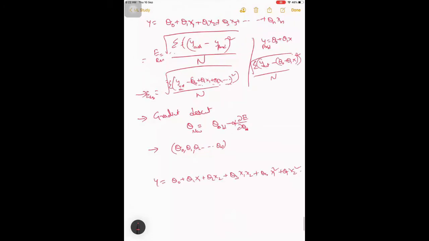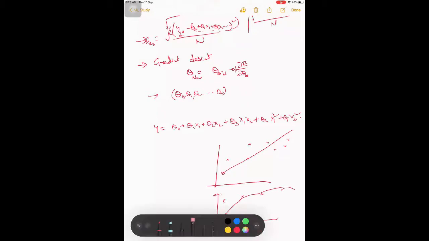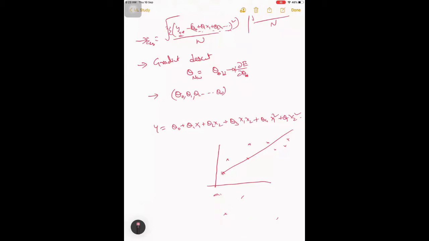Because in case you have values like this, not just a straight line, we can also get parameters for a curve like this.